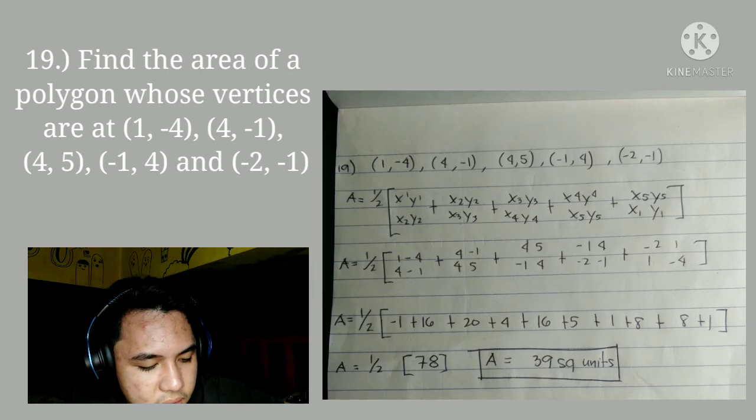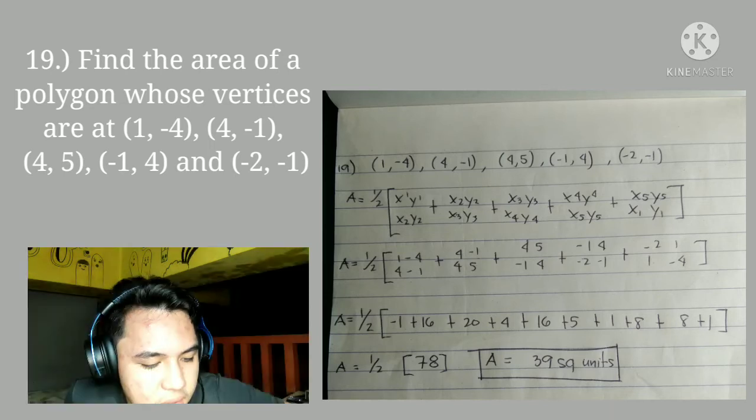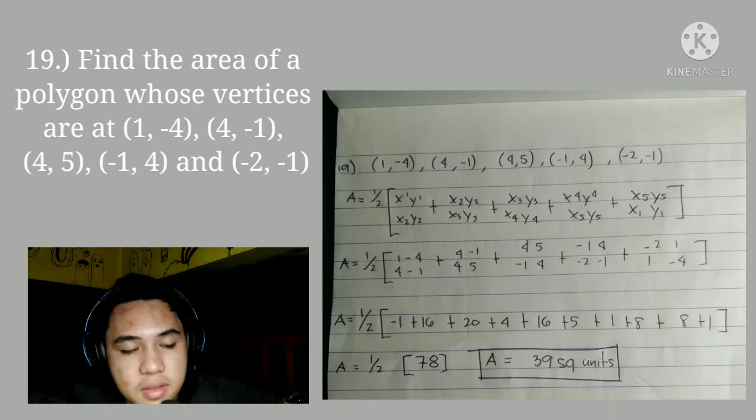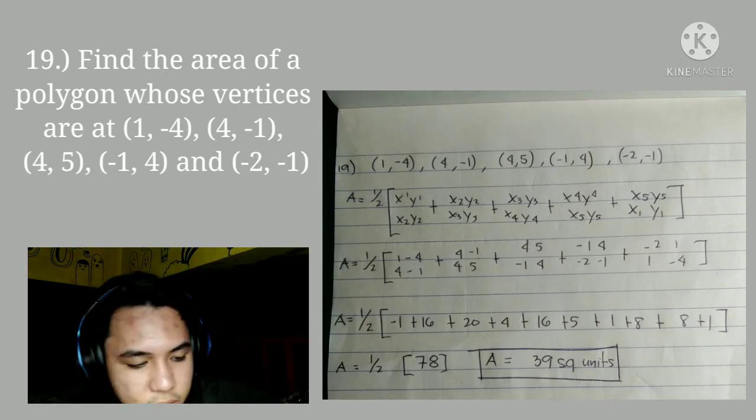So what we will do here is cross multiply, for example, x sub 1 and y sub 2, then minus x sub 2 times y sub 1. Then x sub 2 y sub 3 minus x sub 3 y sub 2, and so on and so forth.